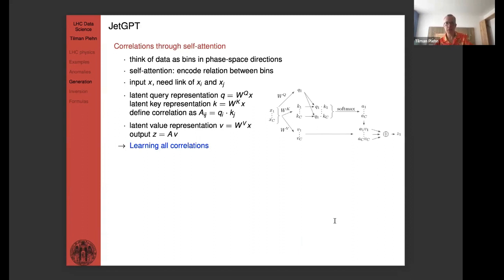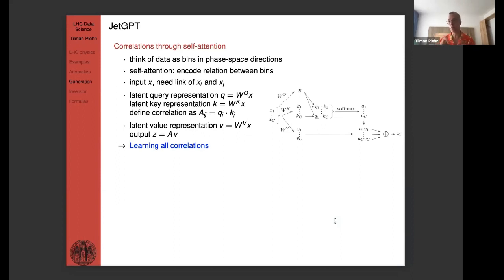So let me briefly explain how such a transformer works, because transformers are the great magic of machine learning these days, and they're really simple. What they do is they encode correlations through a so-called self-attention. If you think of data as bins in phase-space directions, what you want to understand is the correlation between those bins.